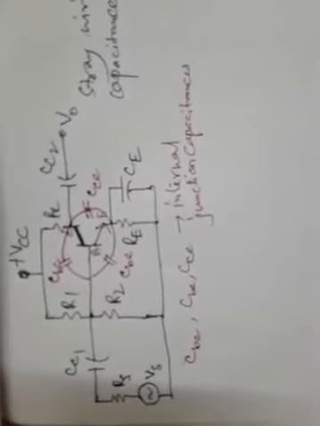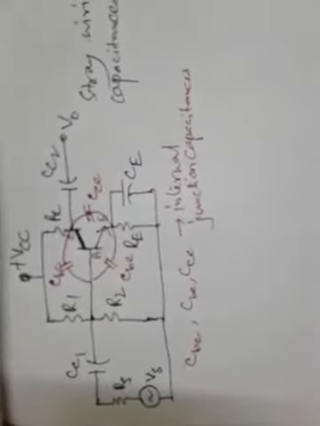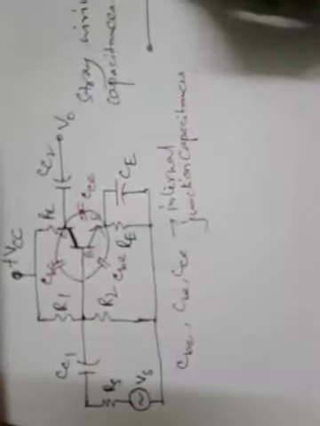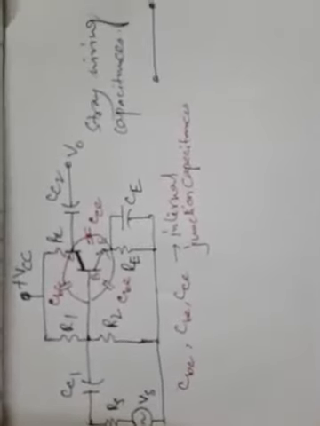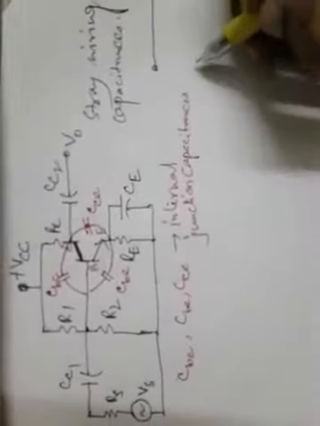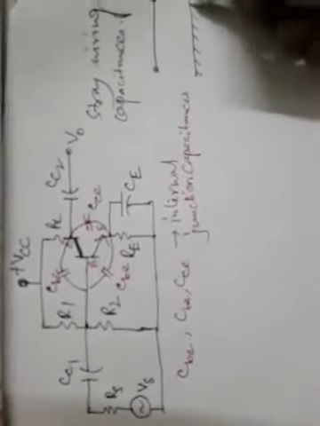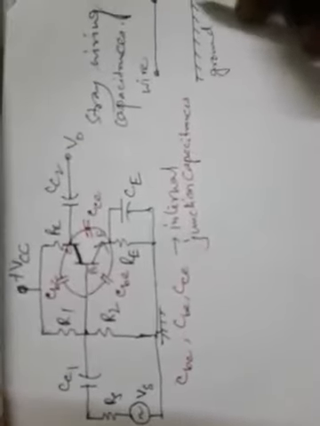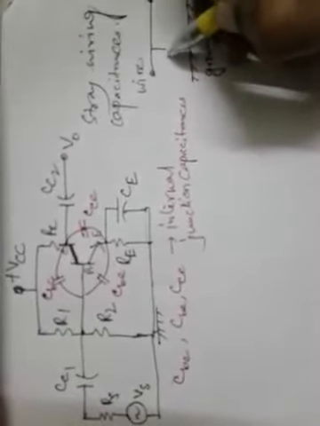And how can these stray wiring capacitances be shown? It is something like the wires with which this circuit is connected. That wire will act like a plate of one capacitor, and the ground line will be like this. So this is the ground and this is the wire, and this ground will act like the other plate of a parallel plate capacitor, and between this wire and the ground lines a virtual capacitive action will be noted.